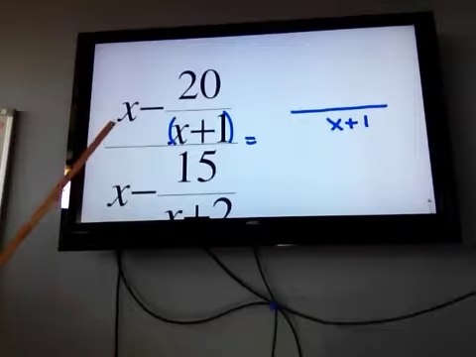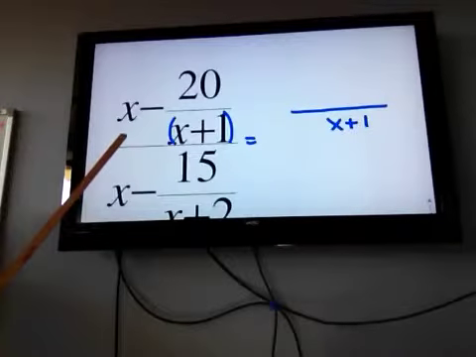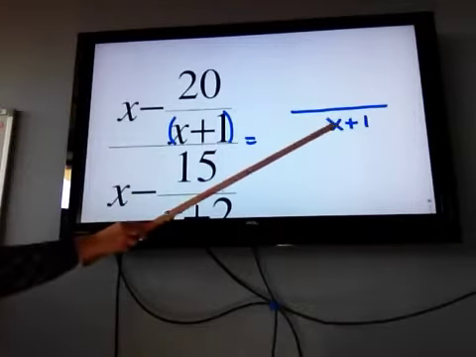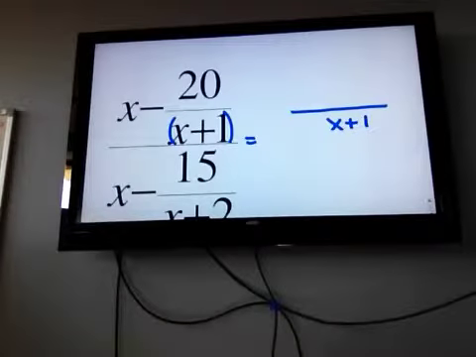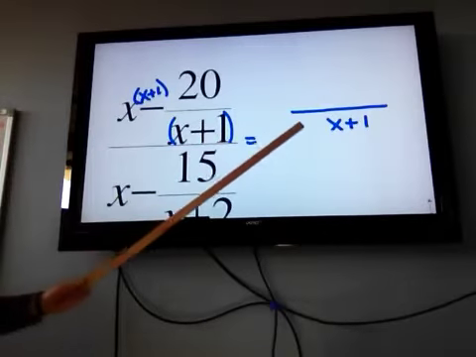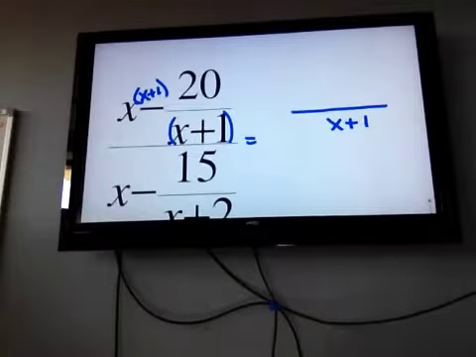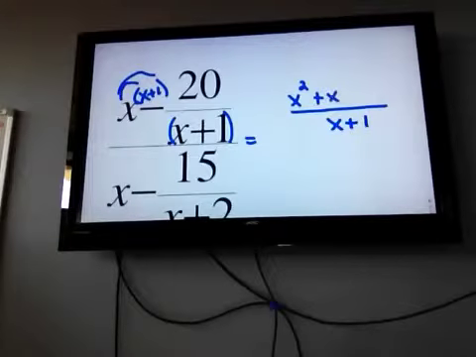So this first denominator, which is understood to be a 1, or doesn't exist there, doesn't have a denominator, so that means it needs the x plus 1. Second denominator looks exactly like that, so I don't need anything up there with that 20. So I'm going to multiply through. X times x is x squared. X times 1 is 1x. And then minus 20 comes over. We didn't multiply it by anything.